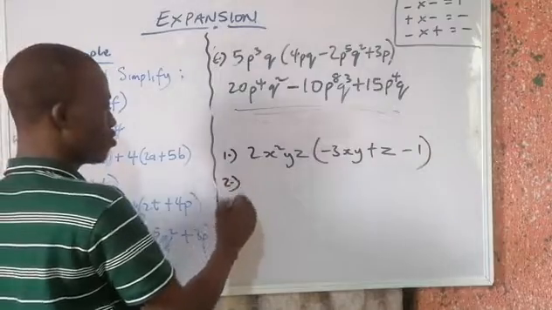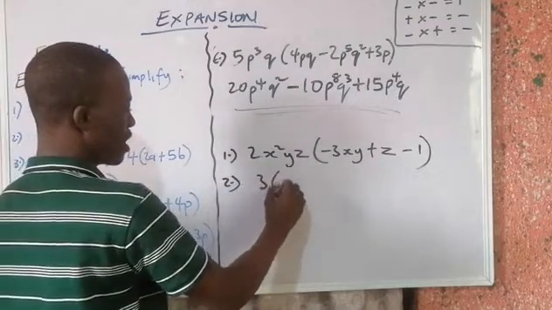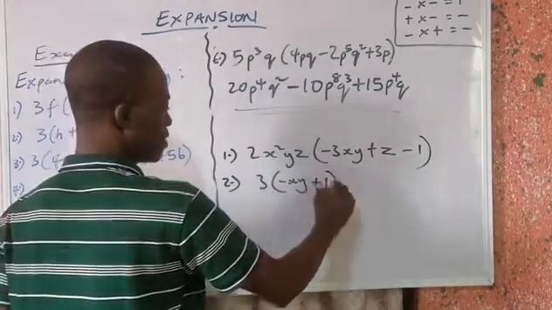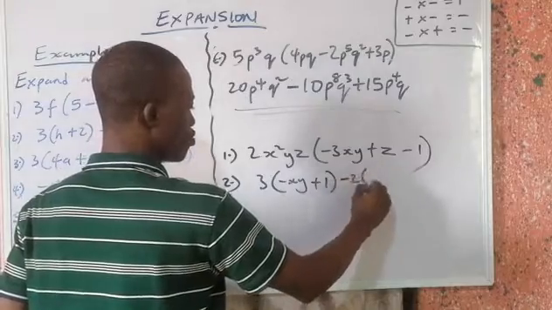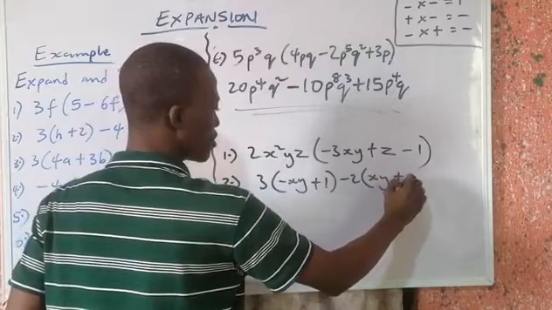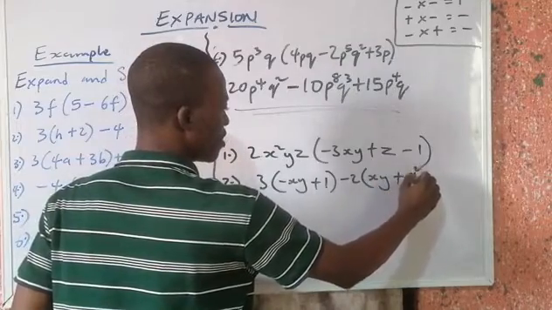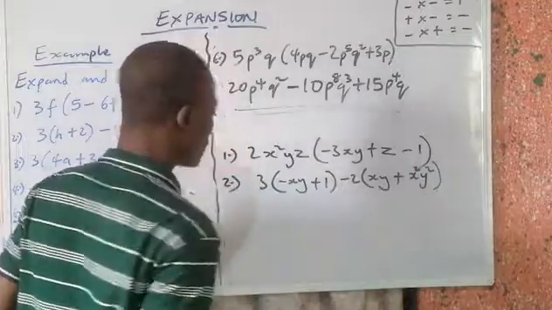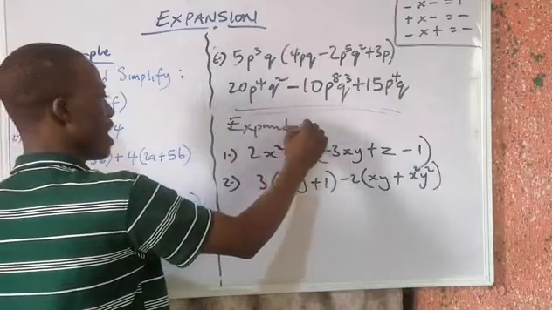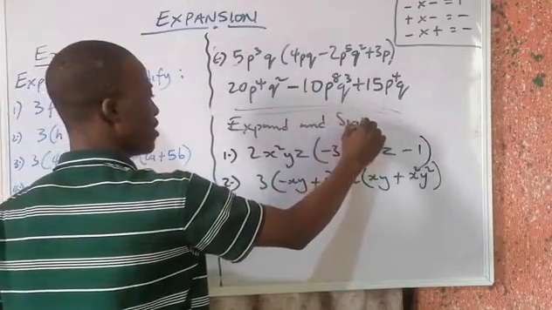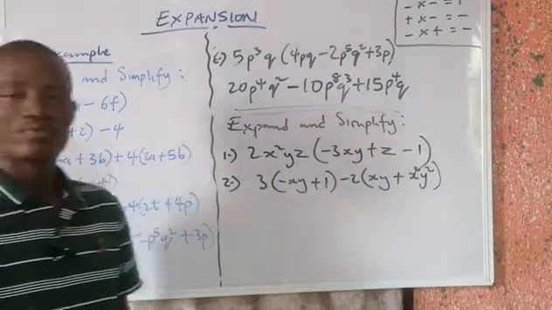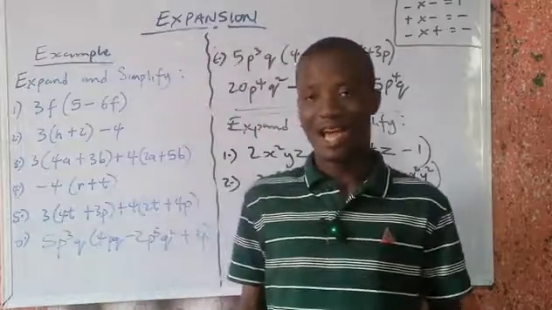And then number 2, you have 3 bracket minus xy plus 1, minus 2xy, okay, plus x square y square. So try to expand and simplify where necessary. Okay, try to lay your hands on these 2 questions.